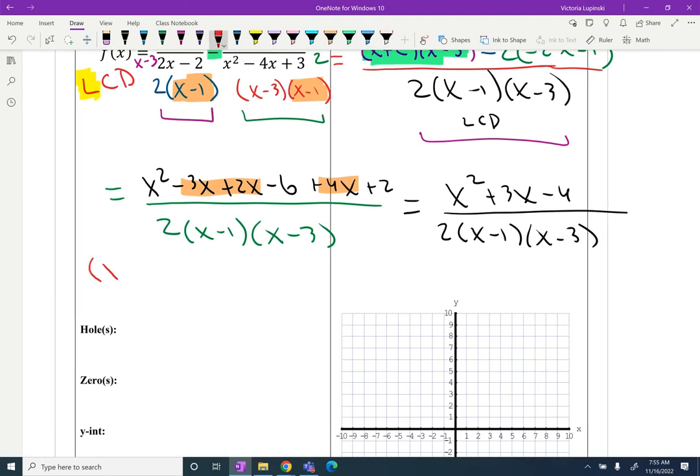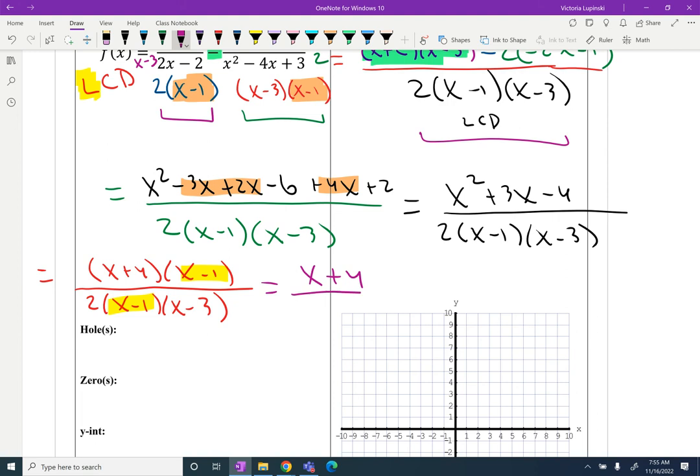So this is going to give me x plus 4, x minus 1 all over 2 times x minus 1 times x minus 3. And then, of course, hopefully you can see that because there's a pair of x minus 1s, I can go ahead and reduce one more time to be x plus 4 over 2 times x minus 3.